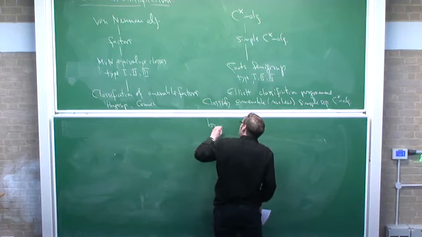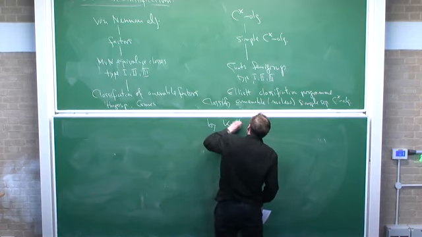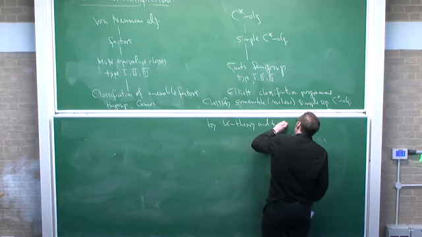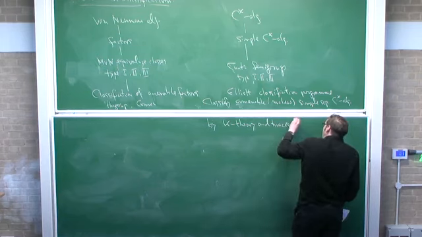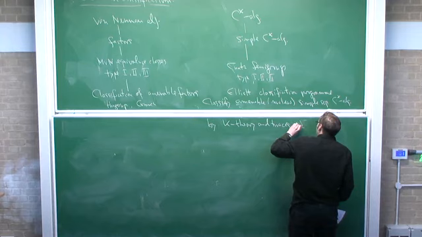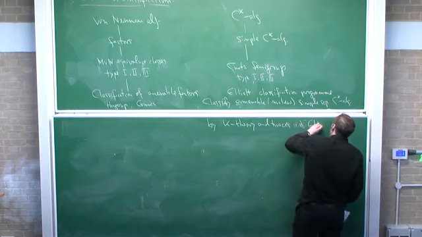Basically, one could say by K-theory and traces, a combination of the two, and that is the Elliott invariant.